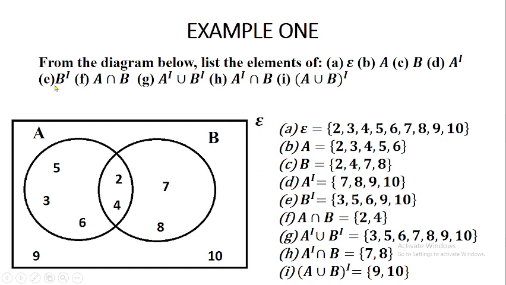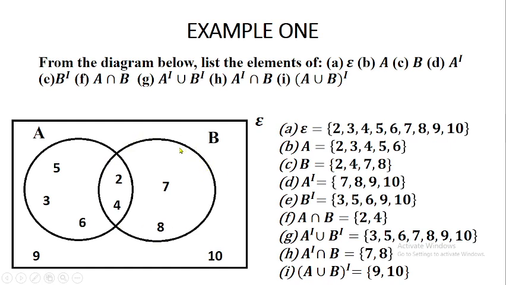Also, we are looking for the elements of B complement. That means the elements in the universal set that are not in set B. How do we get that? Remove this set B, then you will get its complement. You can also pause the video to get the answer yourself.